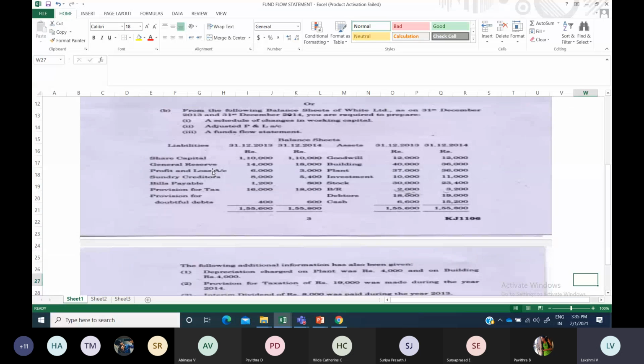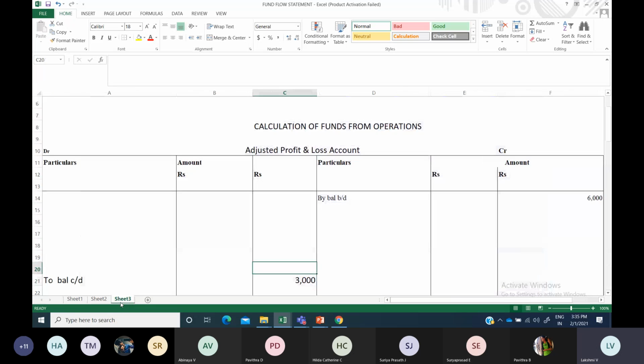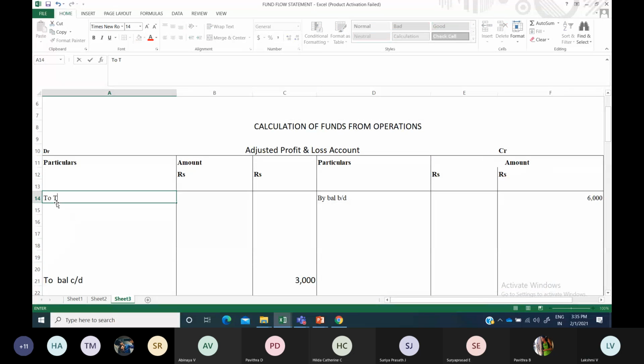General reserve: if you see transfer to general reserve, again it will come on the debit side of your adjusted P&L account. Again only the difference amount will come, 14,000 and 18,000, so the difference is 4,000. So you have to mention here "to transfer to general reserve".